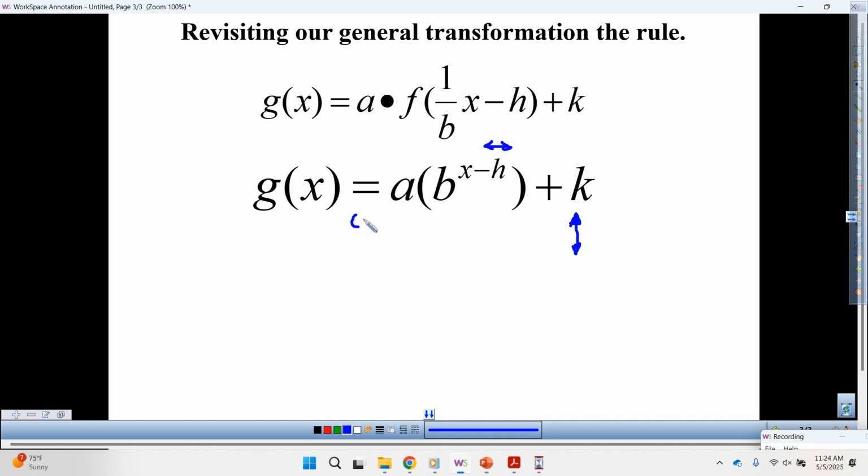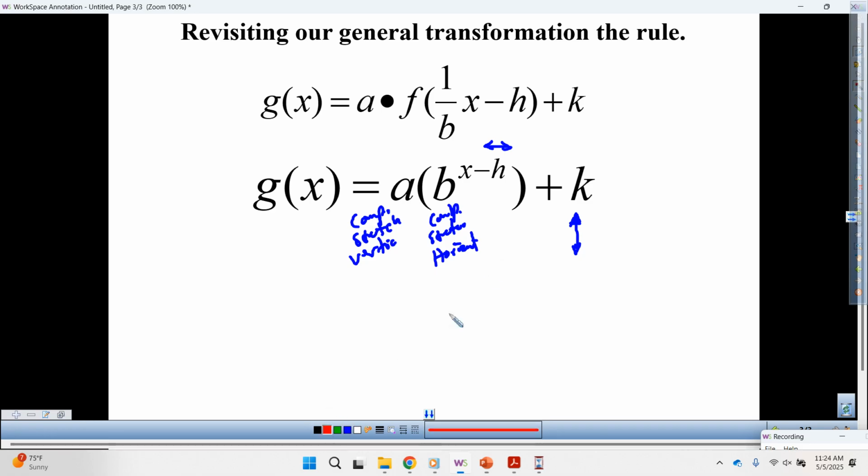A, compress or stretch vertically. And B, compress or stretch horizontally. So it pretty much does the same thing. The only thing is it looks a little bit different now because we're going to apply it to exponential functions.